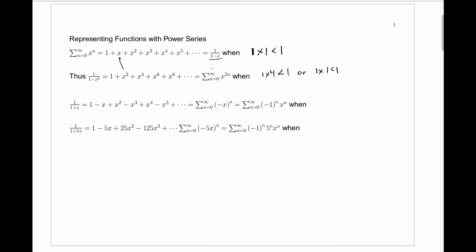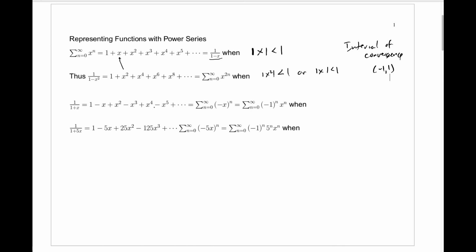In other words, these two series have the exact same interval of convergence, which is the open interval from -1 to 1.